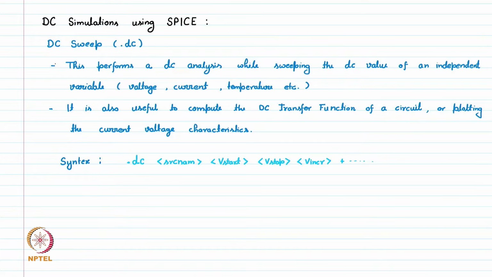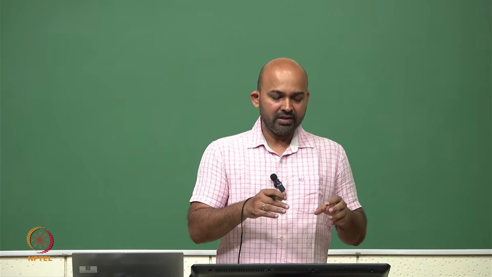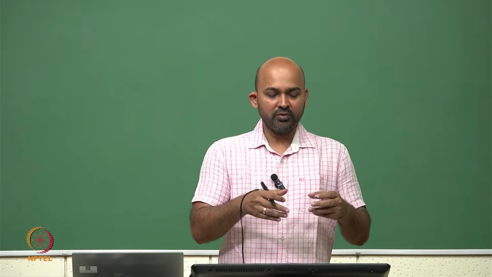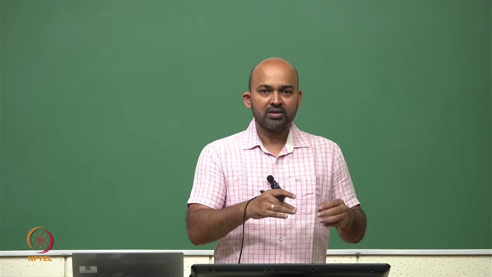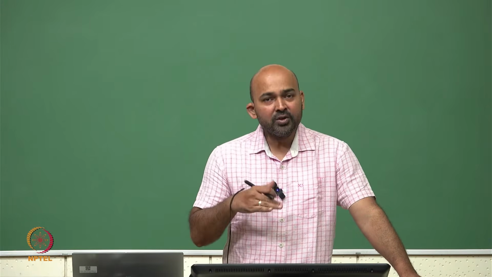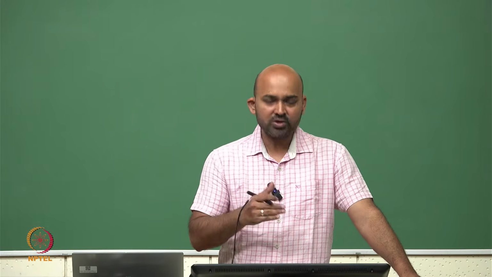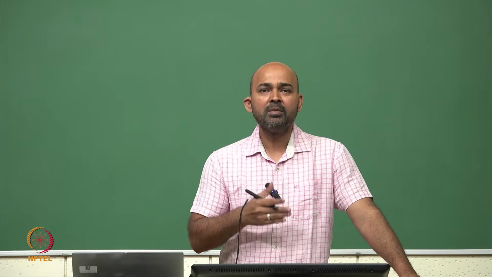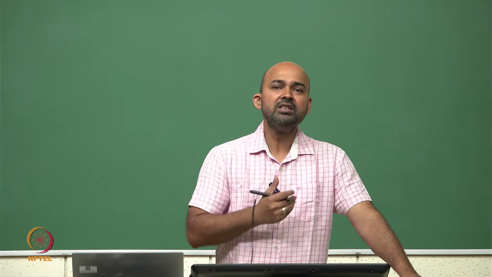So here we have the .dc statement. If we write it in the netlist, it tells SPICE to invoke the DC simulation engine so that we can solve the circuit for a DC sweep. Now, why do we want to sweep the voltage or any other parameter? To check the behavior of the circuit in a changing environment.